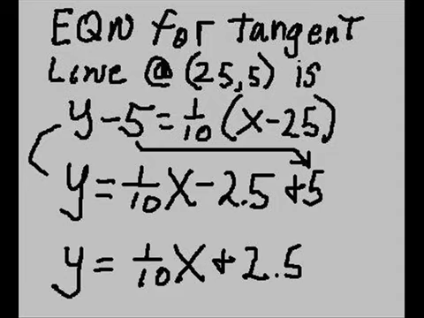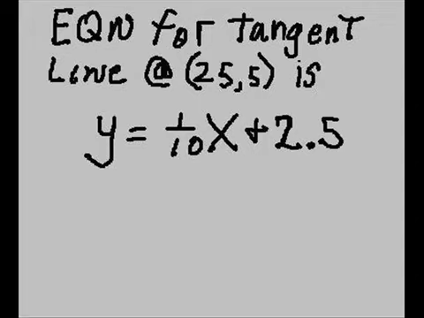Negative 2.5 plus 5 that we moved over from the left-hand side of the equation. Finally, we have y equals 1/10 x plus 2.5, because negative 2.5 plus 5 is positive 2.5. The equation for the tangent line then at 25, 5 is y equals 1/10 x plus 2.5.